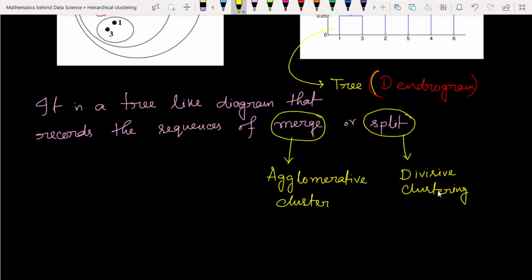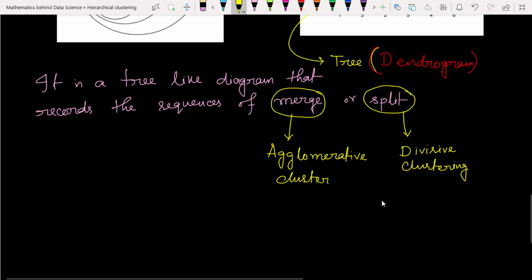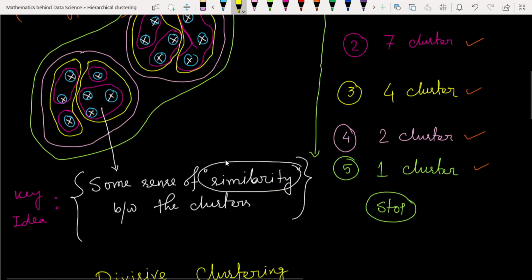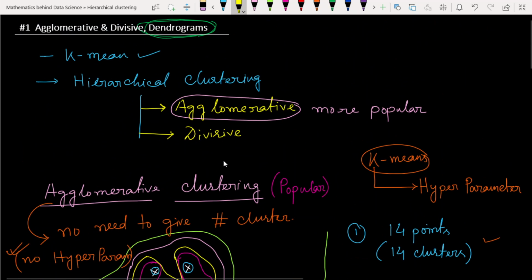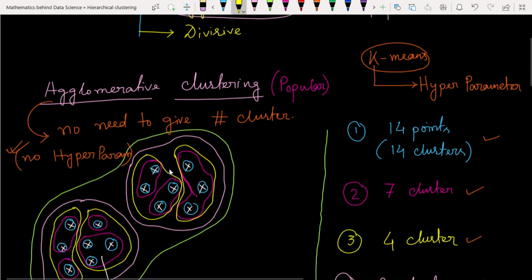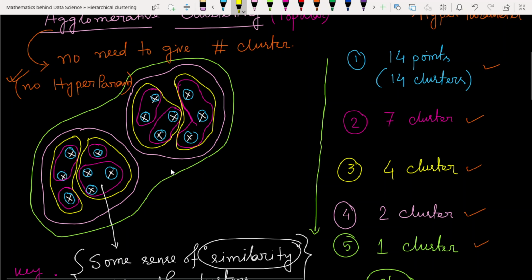Okay, from this lecture I think you got the idea behind hierarchical clustering, how it works, its geometric intuition, and its advantages over k-means. In k-means we have the hyperparameter concept, but here there is no need to take any hyperparameter.